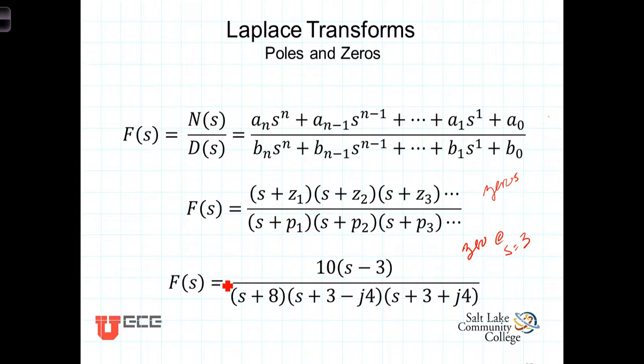On the other hand, we have 1, 2, 3 factors in the denominator, and we have poles at s equals minus 8, s equals minus 3 plus j4, and s equals minus 3 minus j4. And of course, complex poles come as complex conjugates when we've got real coefficients in our polynomials.